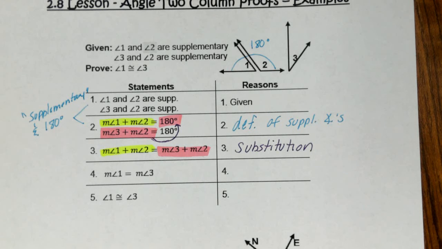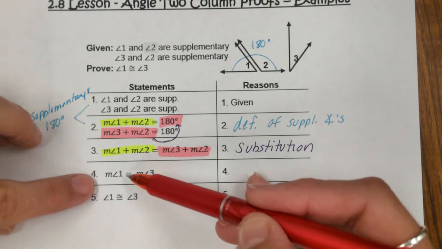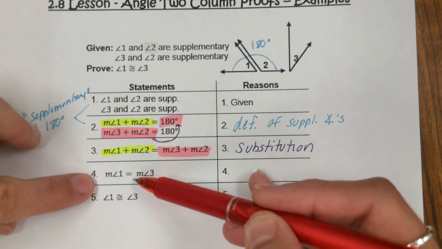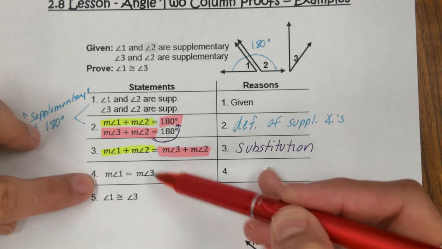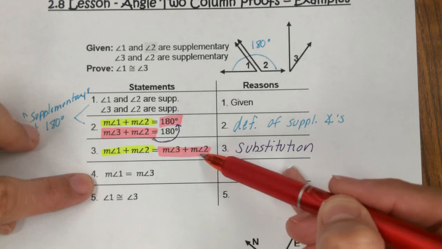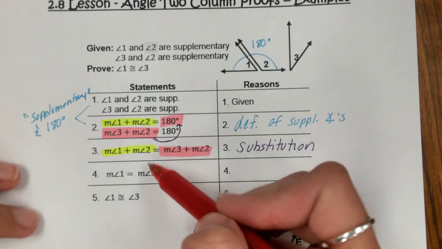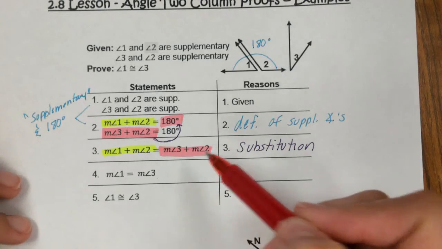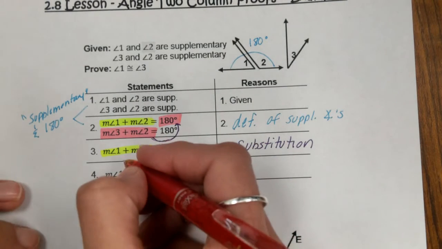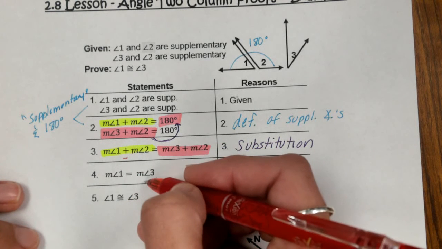Next, when we move on down to statement number 4, we're going to see some similarities. I still have this measurement of angle 1. I still have an equal sign, and this measurement of angle 3 came down. But we notice that something is missing from both sides of the equal sign. That measurement of angle 2 is gone because we don't need it on both. If it's on both sides, they're going to cancel each other out. So how did we get from statement 3 to statement 4?